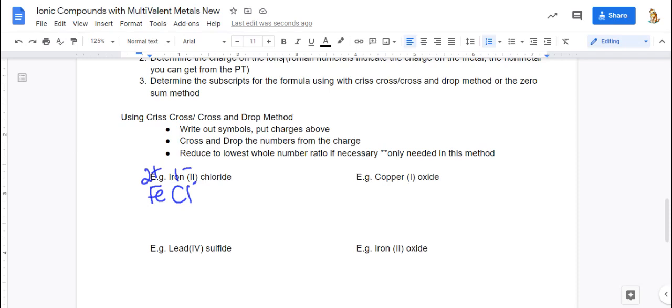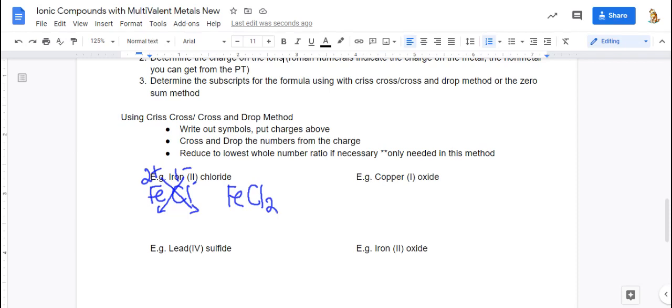And then you cross and you drop. So the formula becomes Fe1Cl2, and you don't have to write the 1. This does not need to be reduced. It's already reduced as far as it can go.